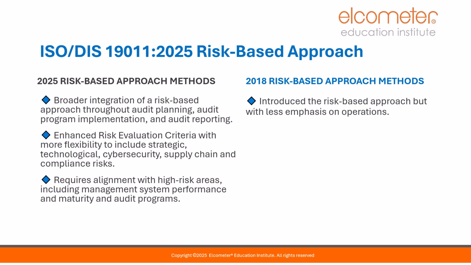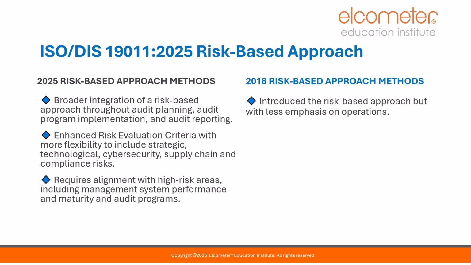Auditor competency in the 2025 version includes auditors' ability to identify emerging risks, such as climate-related, AI-driven, or cybersecurity threats, evaluate risk controls or mitigation for effectiveness, and understand industry or sector-specific risks.